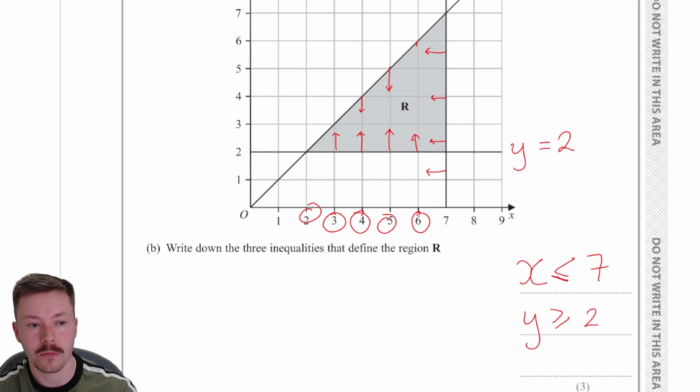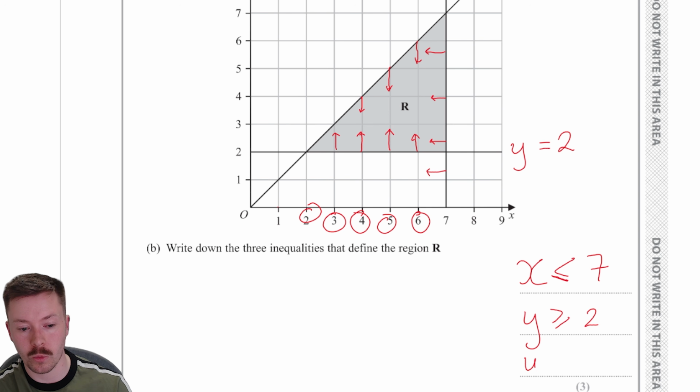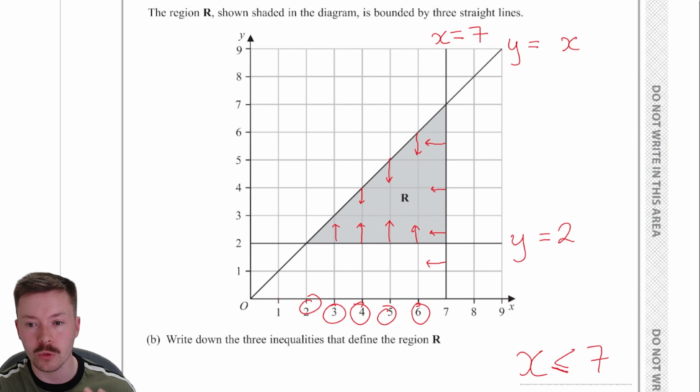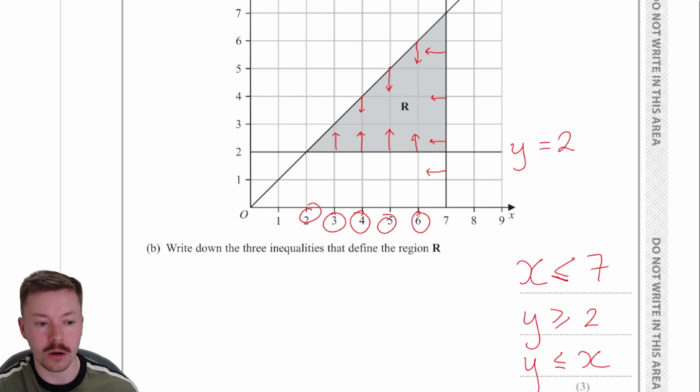Okay? And so what that means is we need the height to be lower than that line. We need y, which is the height, to be less than. Okay, so we need y to be less than or equal to. And the equation was y equals x, so we need y to be less than or equal to x. And those are our 3 inequalities that define that region.